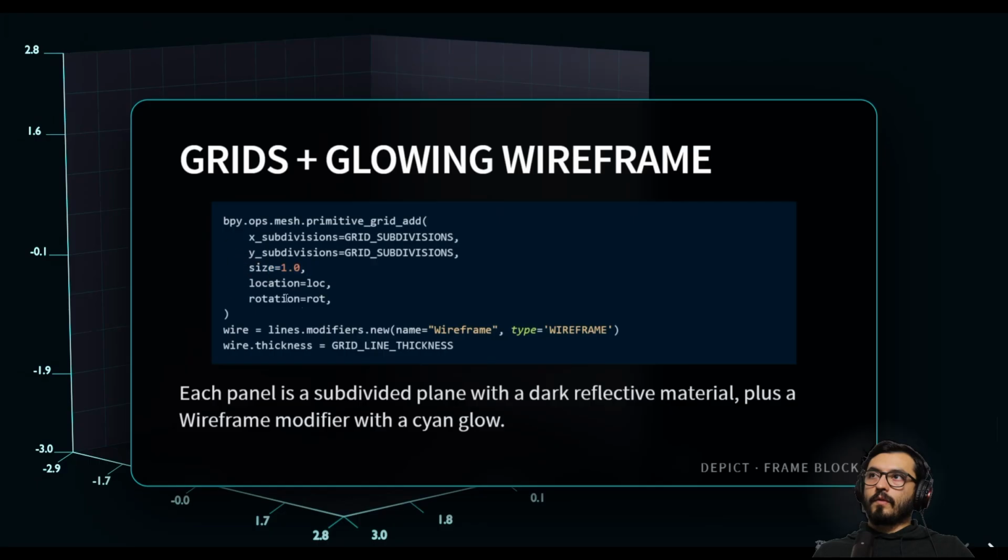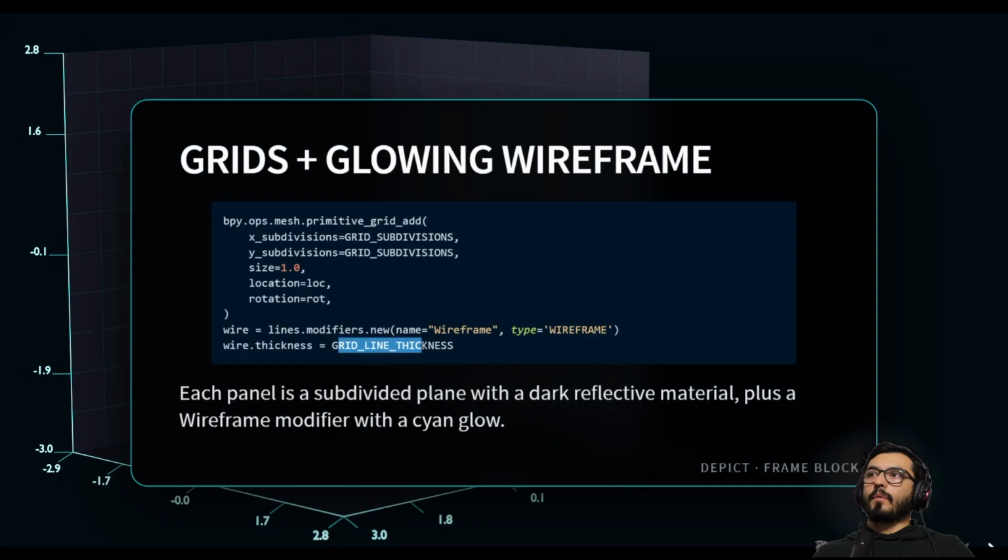We will keep one single size that we will scale afterwards based on the bounding box of the data, and we will give some location and rotation also based on what we compute from the data. Then we will just add a modifier, modifiers new, and we will add a wireframe modifier, which will be this grid that we have, this blue grid.